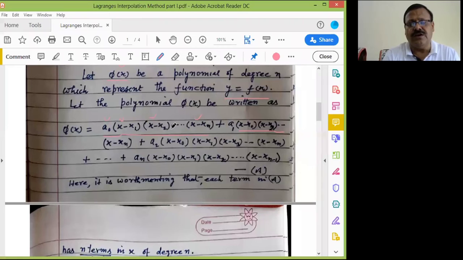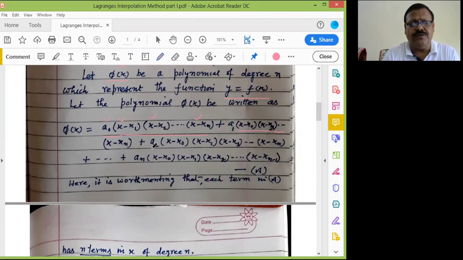Here is the mathematical cleverness. Here is a1, so x1 is not here. It is x minus x naught, x minus x2, so forth, so on. If a1 is here, then x1 we won't find. This is our mathematical intelligence, by which we are devising and designing this very polynomial.